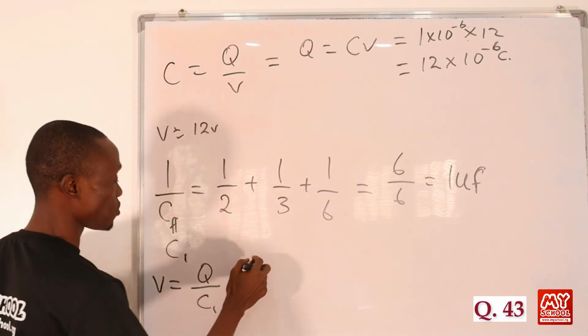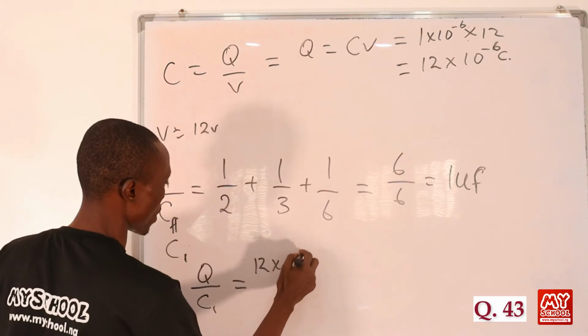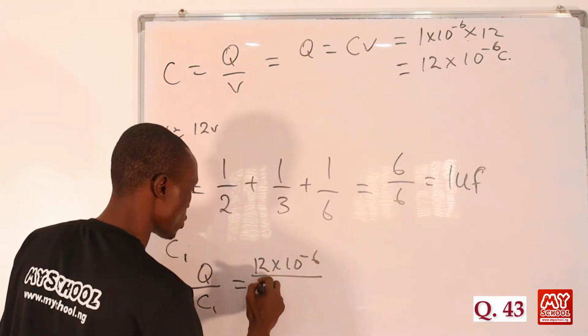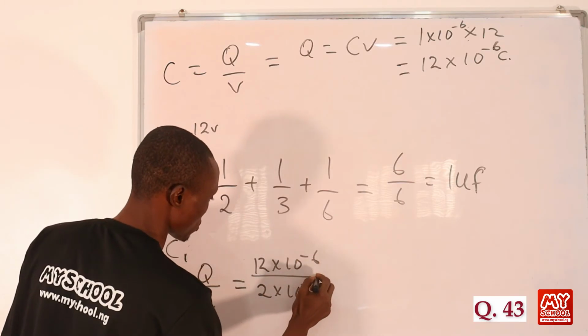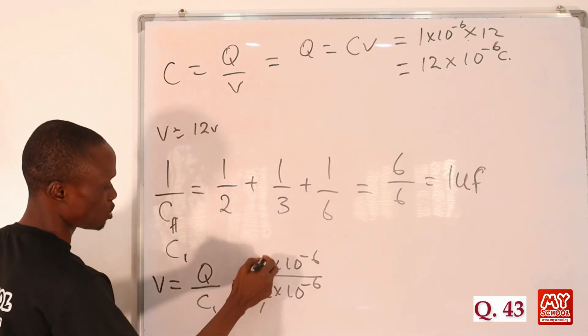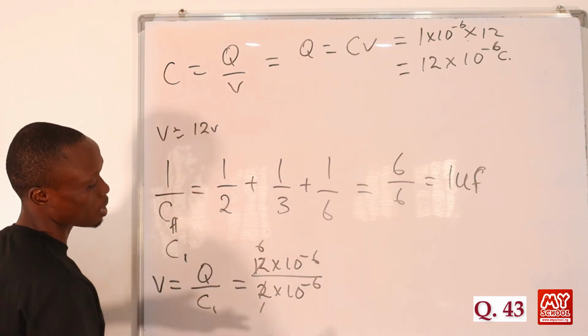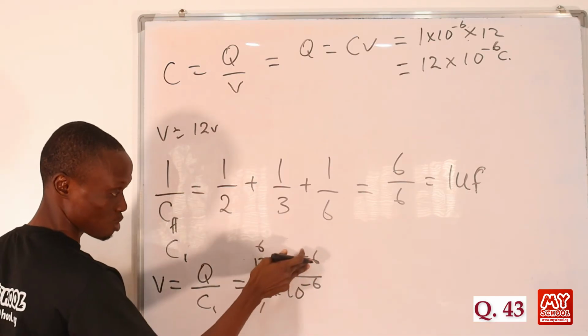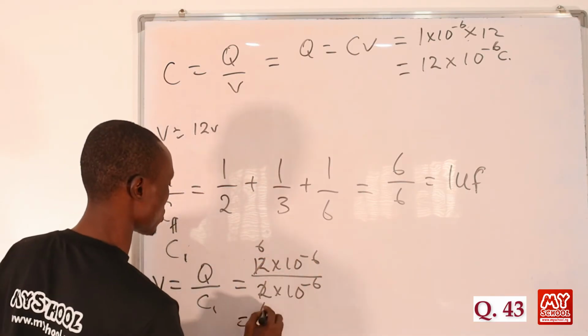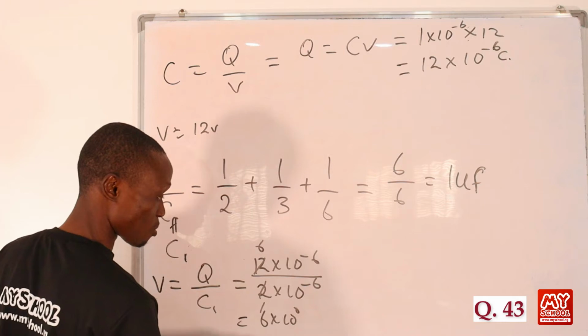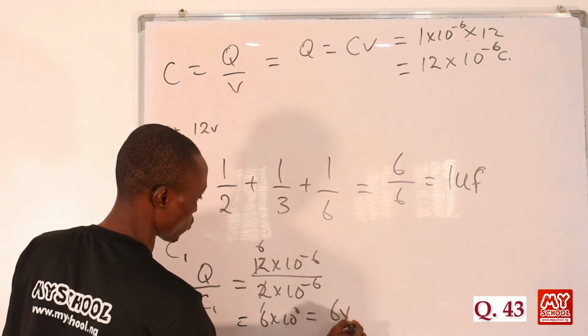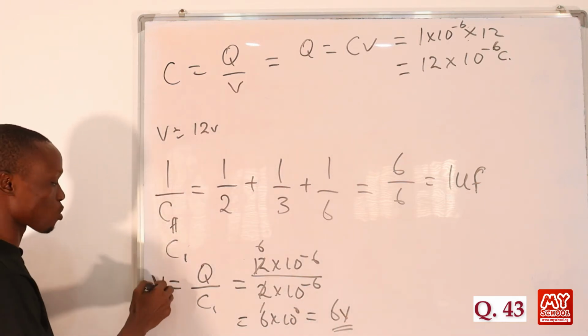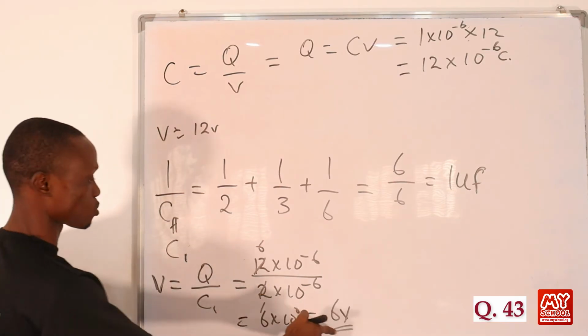So we'll be having 12 times 10 raised to power minus 6 divided by 2 times 10 raised to power minus 6. If we apply the law of indices here, everything will be equal to 6 times 10 raised to power 0, which is the same thing as 6 volts. So the voltage across the capacitor C1 is equal to 6 volts.